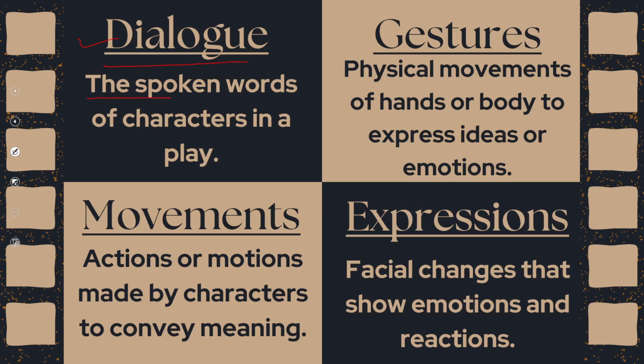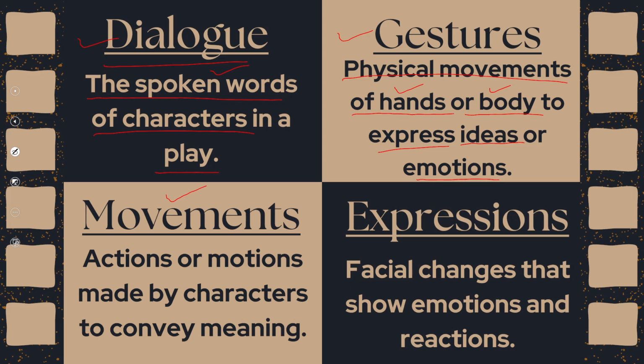Dialogue is the spoken words of characters in a play, and gestures are physical movements of hands or body to express ideas or emotions. So, the hands and the body are included, and they are adding to the emotions or ideas that the character wants to express.